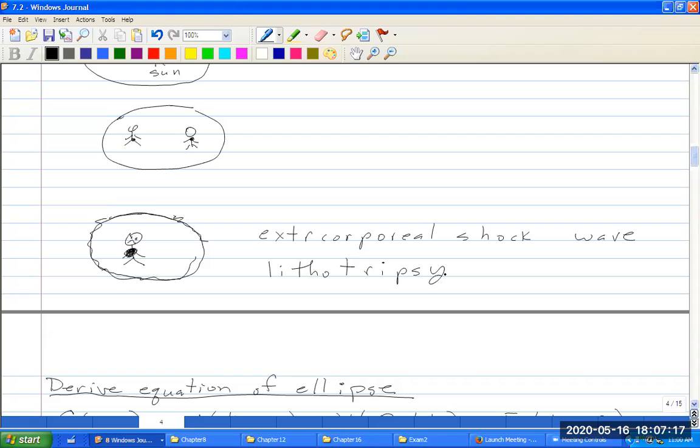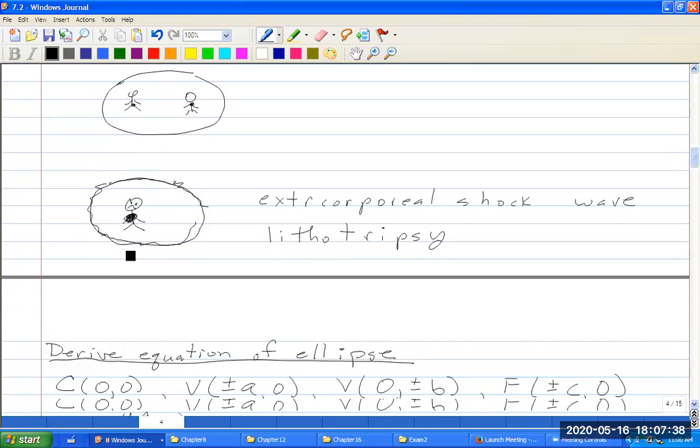So that's what it's called. That's a treatment where they just put you in a bath of water or whatever, and basically all the energy is focused on your kidney stone, and it's destroyed.